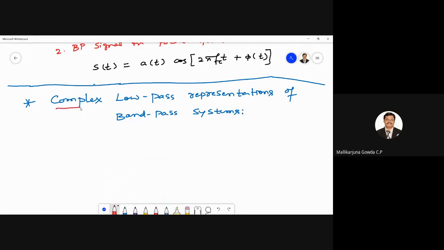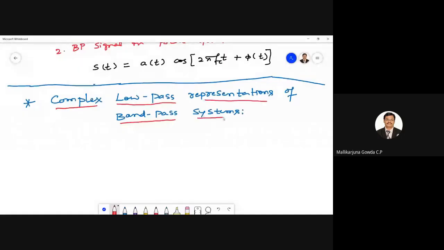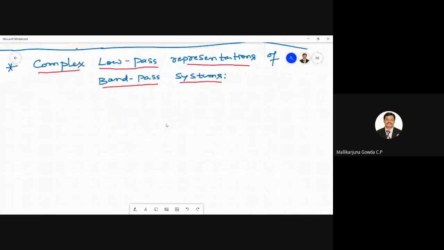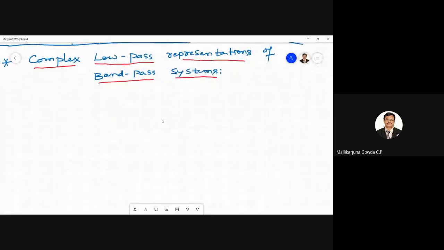Complex low-pass representation of bandpass system. So let us again begin with our understanding about the representation of bandpass system as an equivalent complex low-pass system.